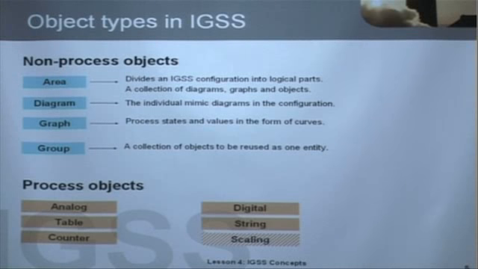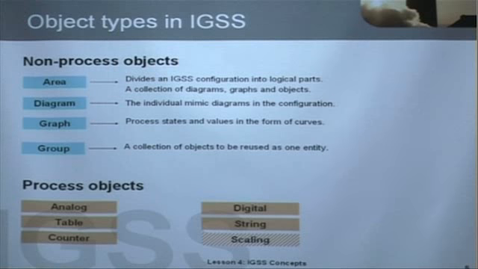The process objects in IGSS are divided into 6 different object types. Analog objects such as flow meters, level meters, temperature meters. Digital objects such as pumps, valves, motors. Table objects, which are a collection of analog measurement points. String objects, which is a text string that can be either sent to the PLC or sent to the IGSS system.